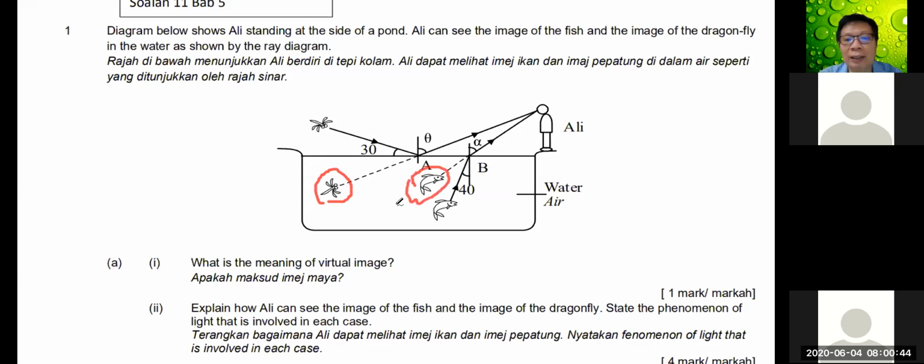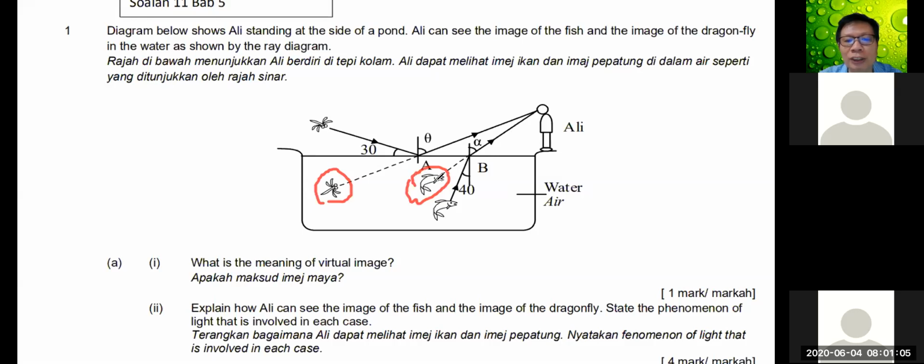You can see, right? Okay, let me explain what happened here. The actual fish is here, right? When you see something, it means light goes into your eyes. So the light moves from the fish, goes up, then bends. But Ali sees a straight line.